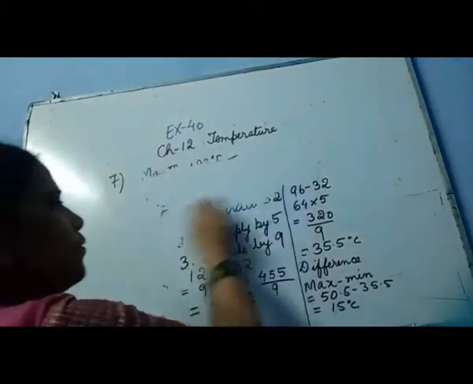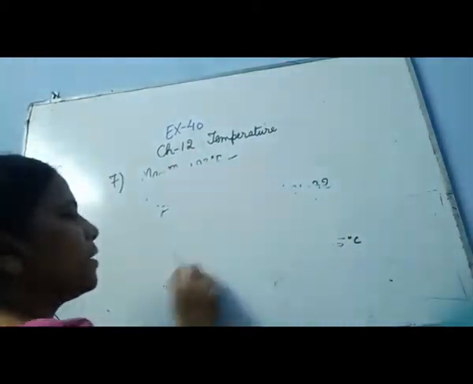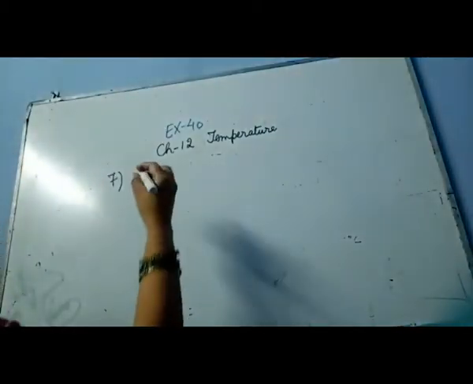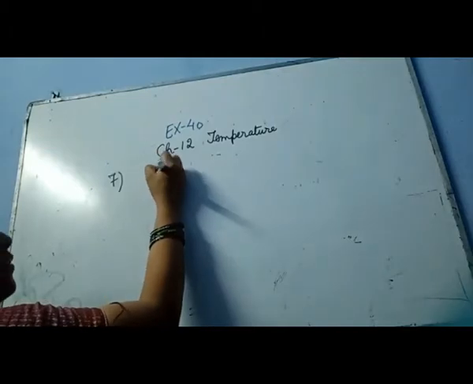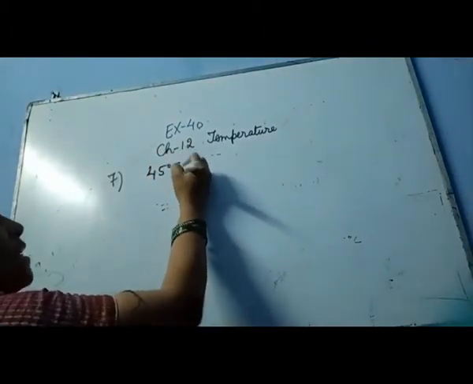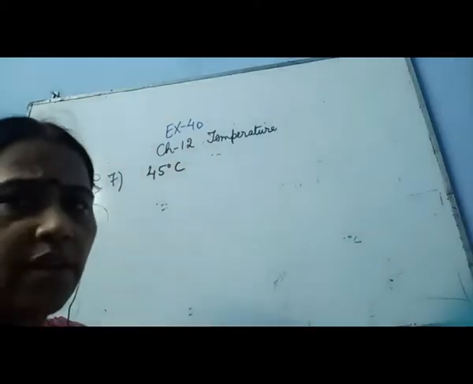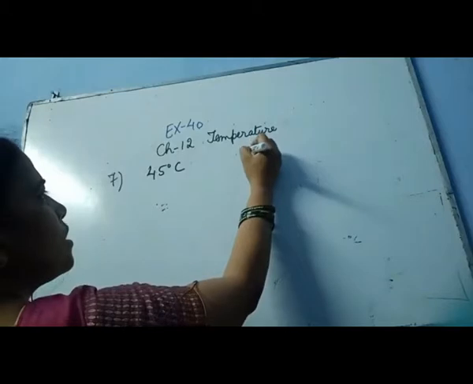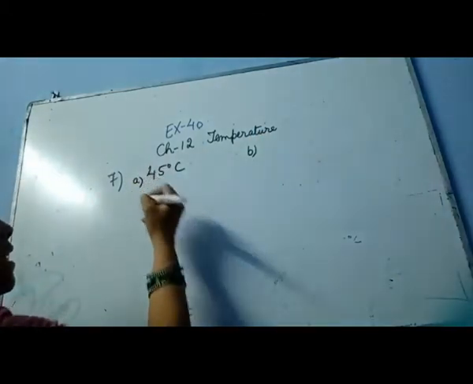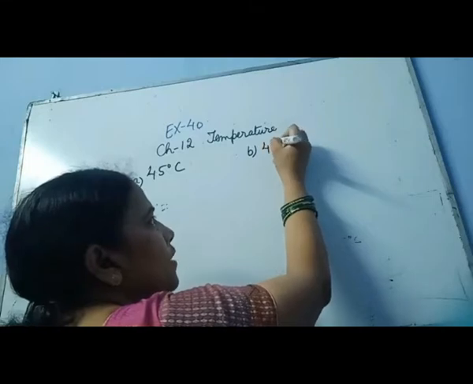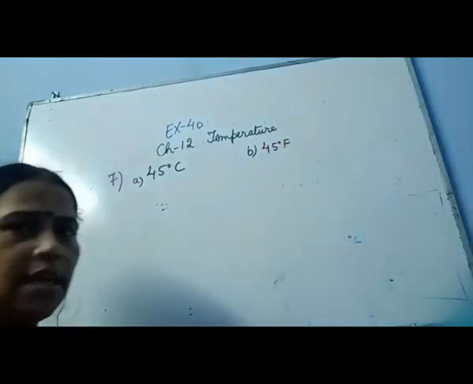Suppose we have one temperature as 45 degree Celsius. One object A has 45 degrees Celsius, and object B has 45 degree Fahrenheit as the temperature.